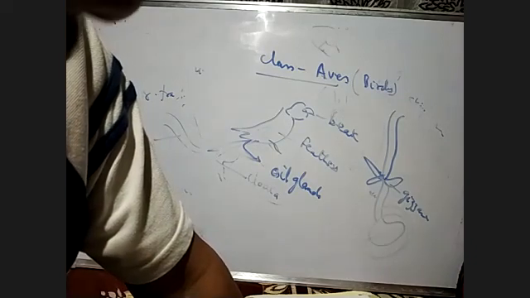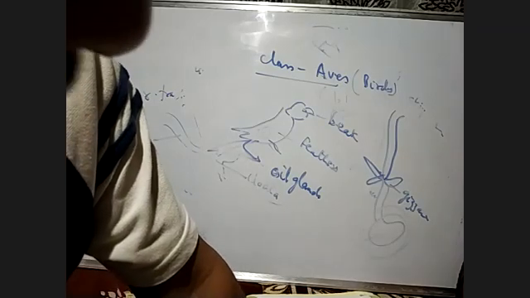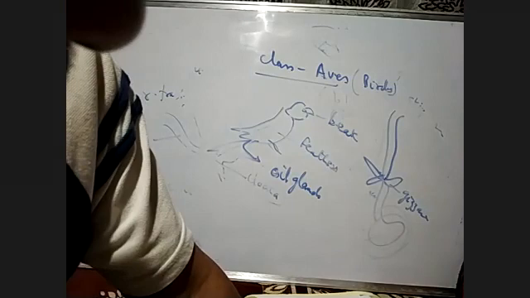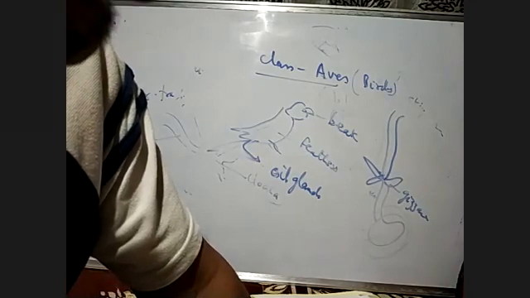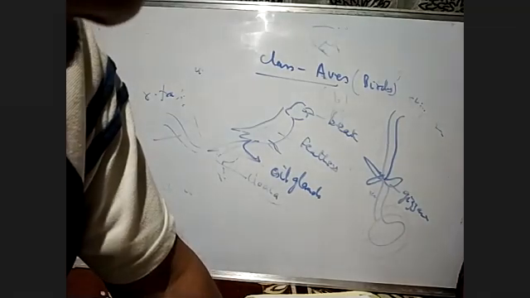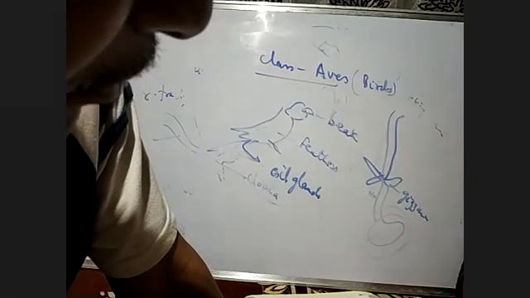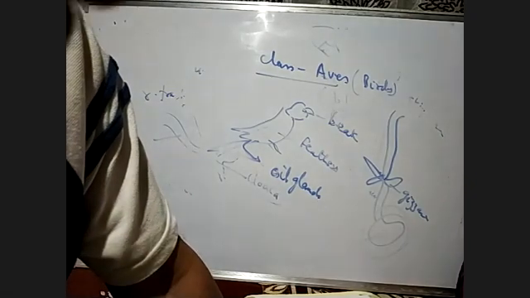Heart is four chambered. Mammals are homeotherms, respiration by lungs. Everybody knows that. Sexes are separate. Fertilization is internal. And mammals are viviparous with a few exceptions. Some of the mammals are egg-laying mammals also, like here they have given in the example, Ornithorhynchus, platypus.